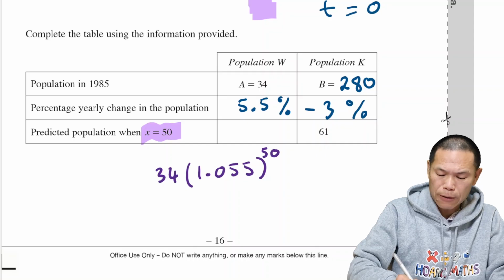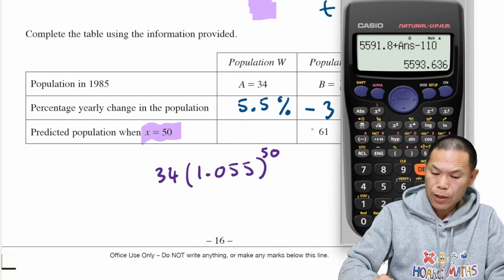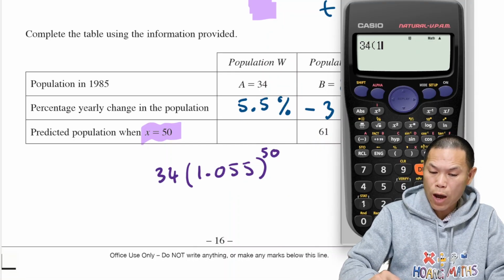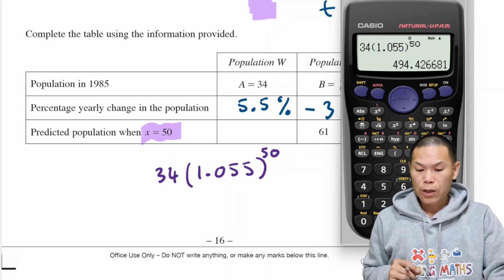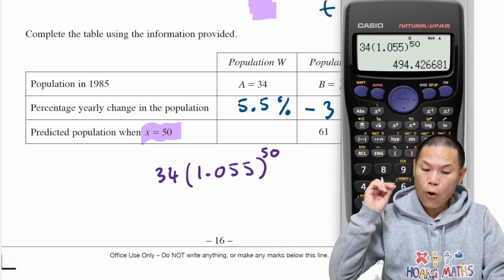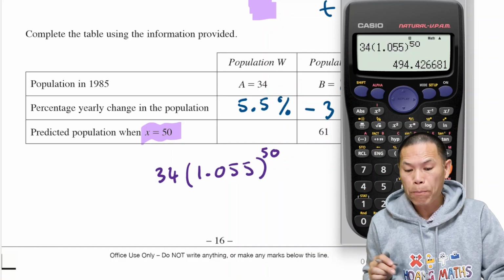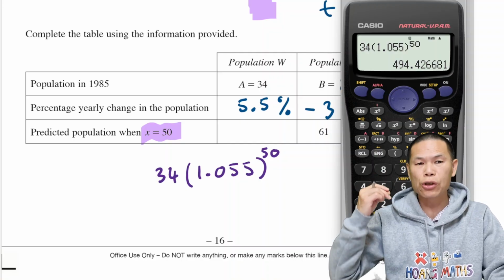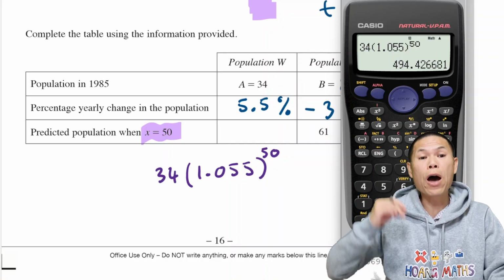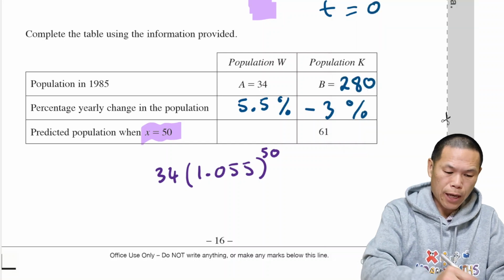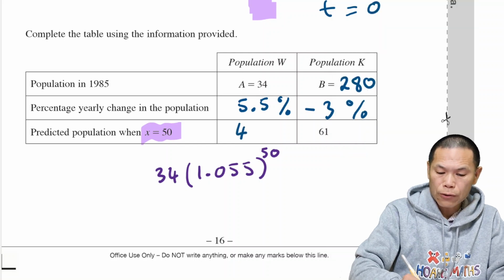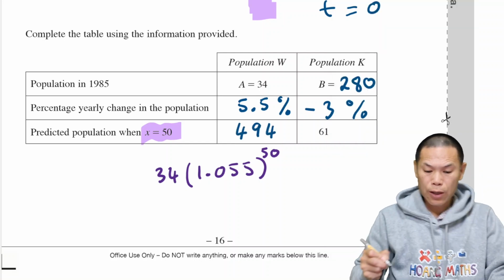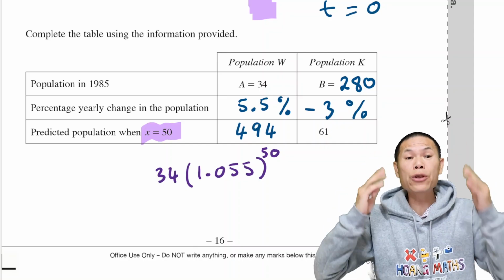And that should give me, so just put in a calculator, 34 brackets 1.055 close bracket power 50. So there you go. 494.42 and so on. So of course, for population, we need to correct to the whole number. So 494. So the answer is 494. So there you go.